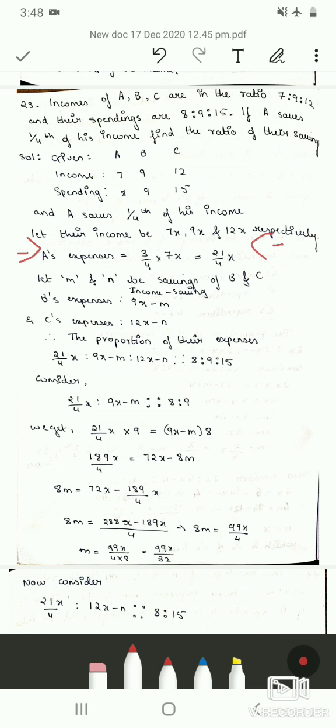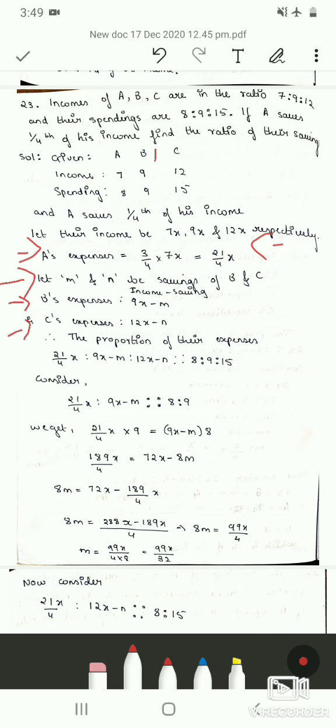So we got expenditure of A as 21/4 x, and then let M and N be the savings of B and C respectively. Therefore, B's expenditure is his income minus saving. His income is 9x, so therefore 9x minus M. Similarly, for C's expenditure, C's income minus C's saving.